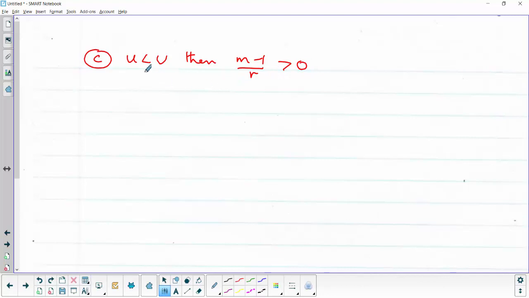So we cannot take u to be equal to 0, and we cannot take v to be equal to 0 because of the condition we have in option A. So let us take the lowest number, let u equal to 1. Definitely v will be equal to 2. So 1 is less than 2, which is u less than v.